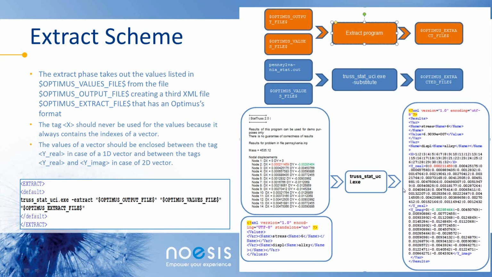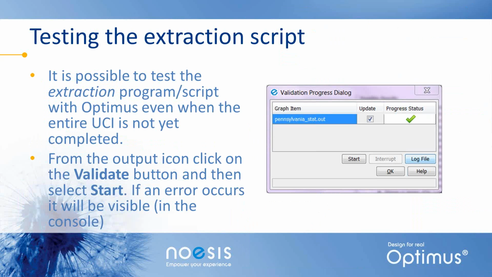And on the right-hand side you can see that you can easily extract the values from scalar or vector. You can also test the extraction in Optimus before running any single simulation. So this can be very easy, as you did in the UCA.